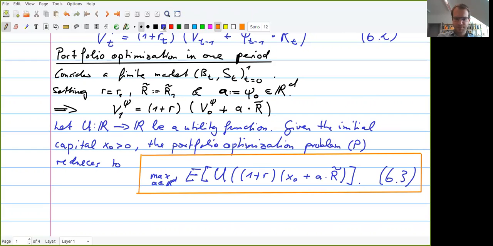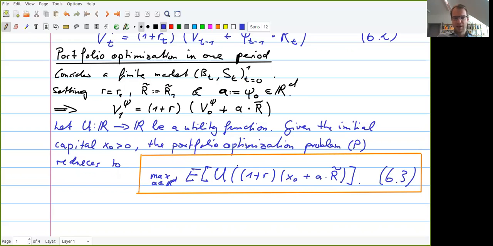You might have realized that I haven't said that this market is arbitrage free, which is a necessary condition to make sense of this portfolio optimization problem. The first thing I want to show you today is that there is an equivalence between saying that this market is arbitrage free and that we can find a maximizer to this portfolio optimization problem.